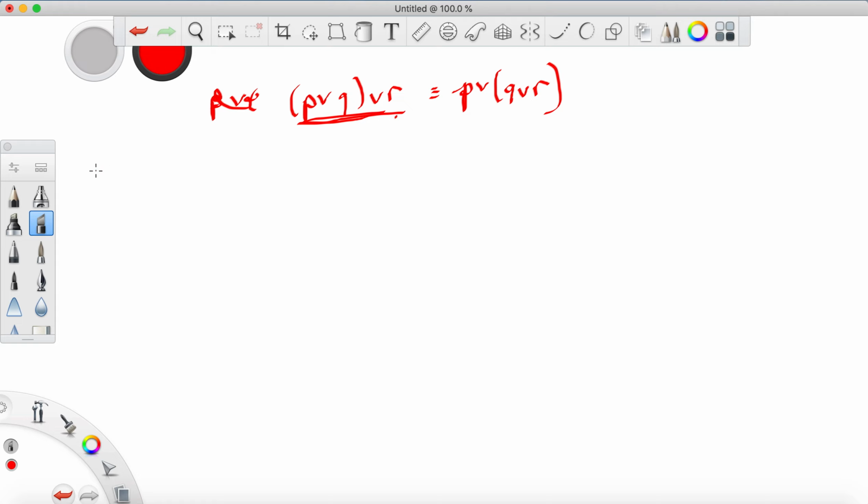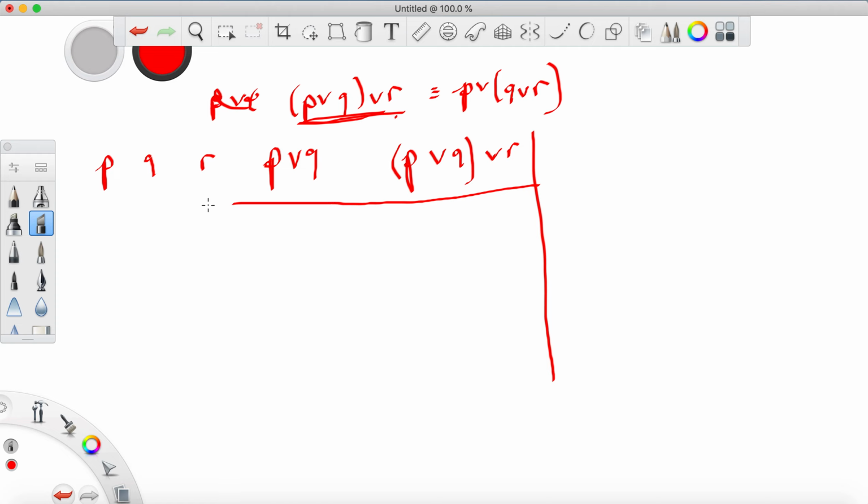I have P, Q, and R, and then P or Q, and then (P or Q) or R. How many rows do I need? Well, I need 8 rows, right? Because there are 3 variables.